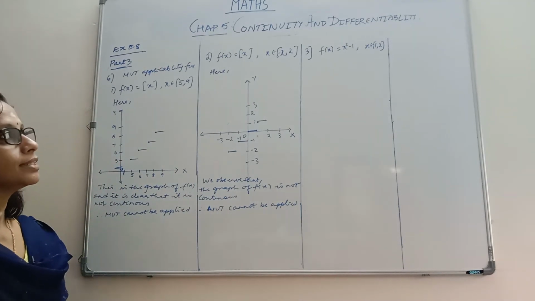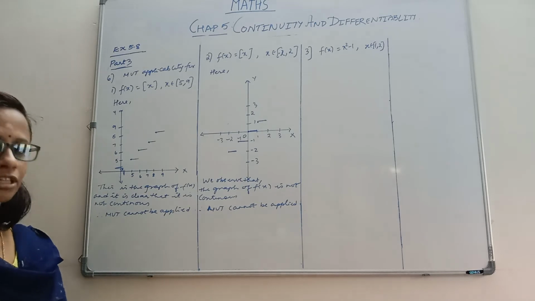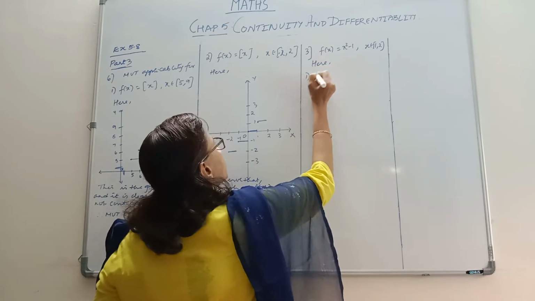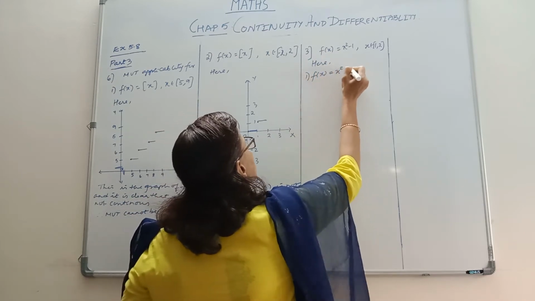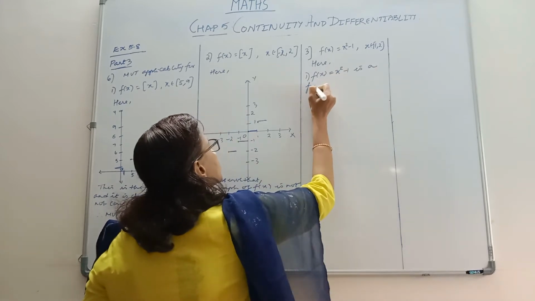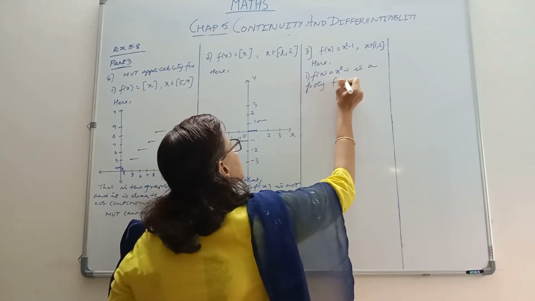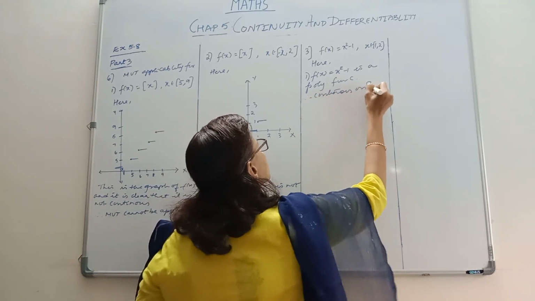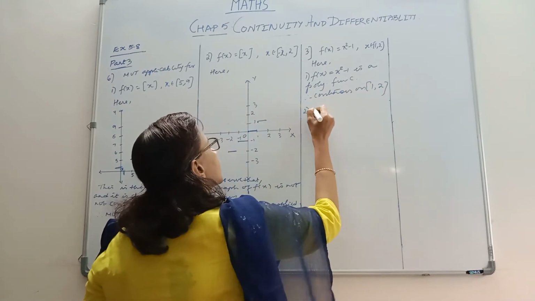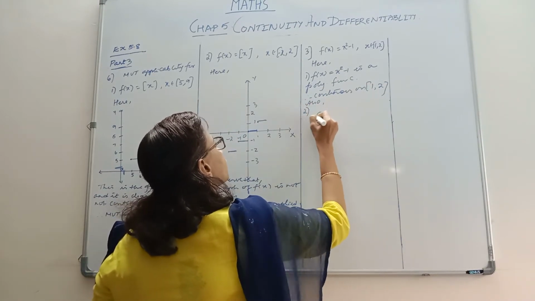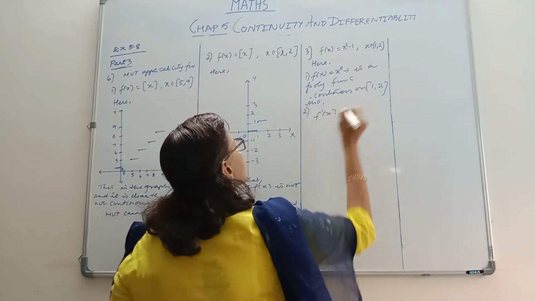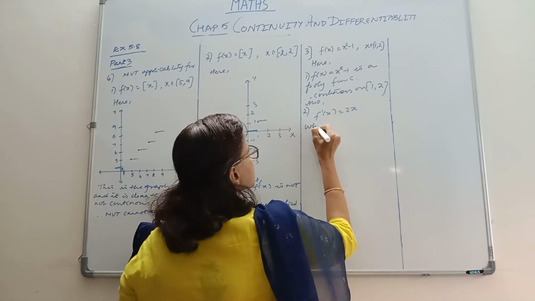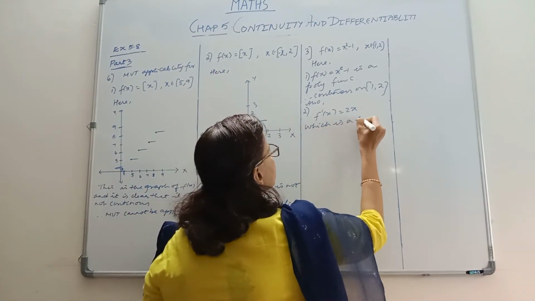It is a polynomial function, so continuous and differentiable. So we can check what happens. Here, f of x equal to x squared minus 1 is a polynomial function. Therefore, it is continuous on [1, 2]. Also, f dash x is 2x, which is a polynomial function.